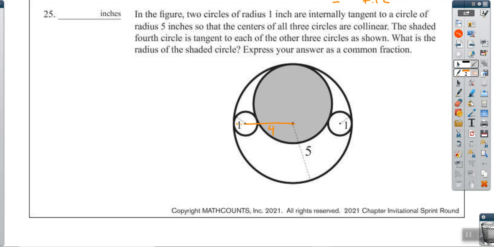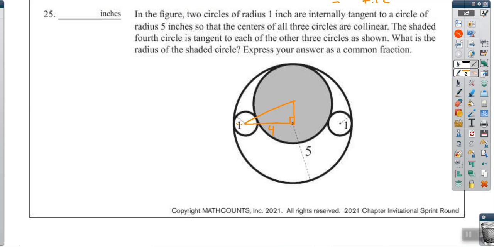What else do I know? I know that the center of the circle is going to be somewhere right about here. Oh, that's going to set up a right triangle. No way! Okay, all right. So then, what's this distance here, right?